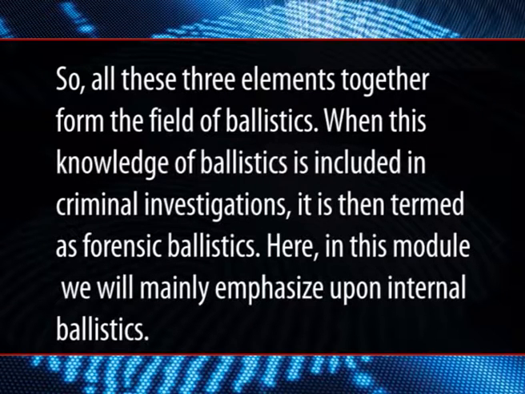So, all these three elements together form the field of ballistics. When this knowledge of ballistics is included in criminal investigations, it is then termed as forensic ballistics. Here in this module, we will mainly emphasize internal ballistics.